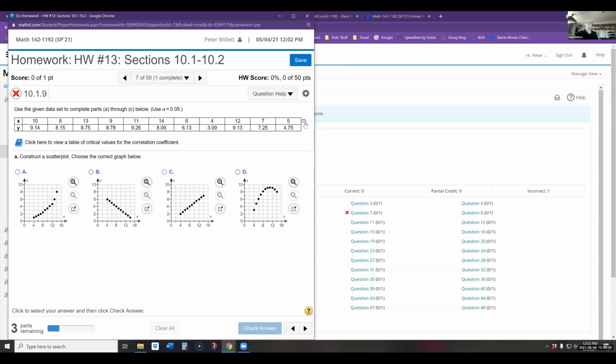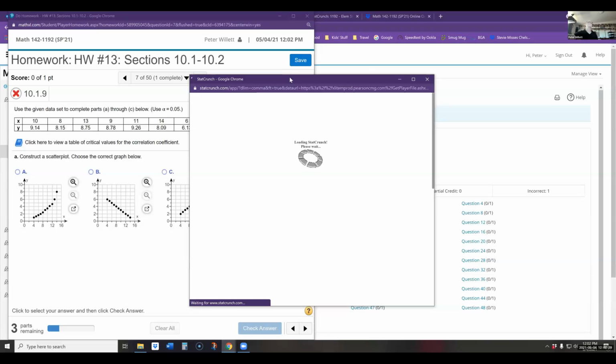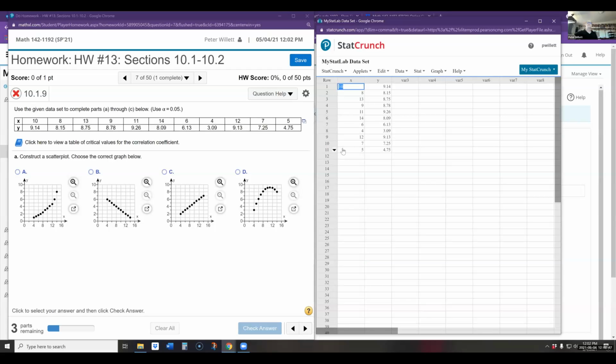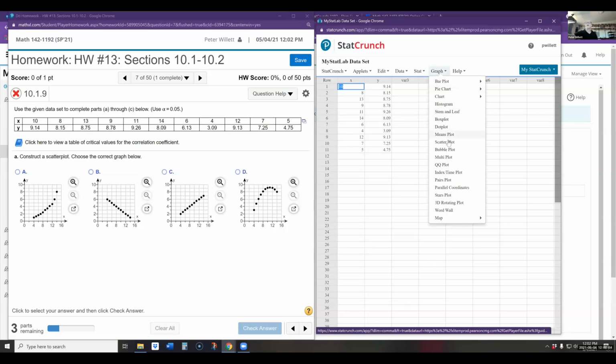So I'm going to open the data in StatCrunch. And as usual, since these are matched pairs, we're going to see 2 columns where the n value is 11. And because we're going to make this graph, I'm going to go to Graph, and we want to go to Scatter Plot. We have done this before, but that's where it is as a reminder.